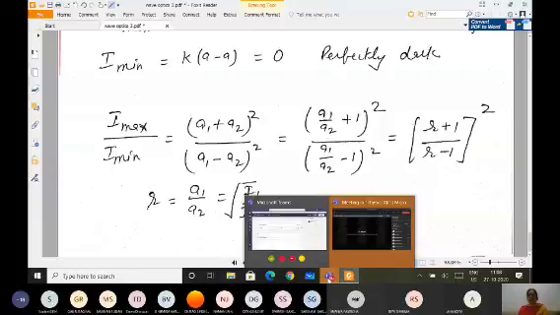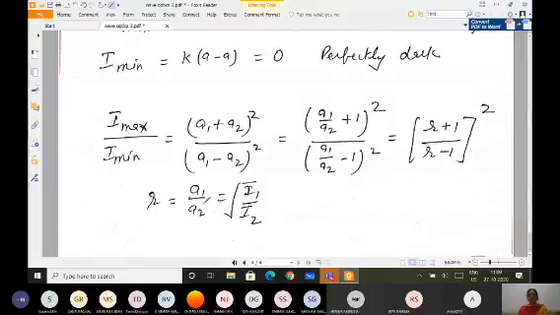And this A1 upon A2, I am calling the interference ratio R, and I may write this equation as R plus 1 whole square divided by R minus 1 whole square. So I can write R equals A1 upon A2, which is equal to the square root of I1 upon I2. I1 means I maxima, I2 means I minima, here I am taking. So that way you are able to see this interference ratio R.